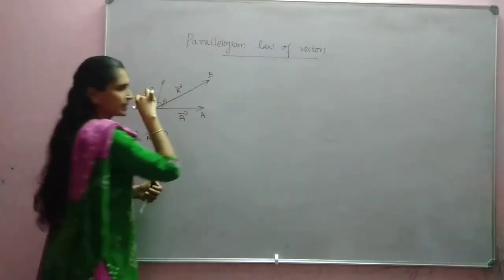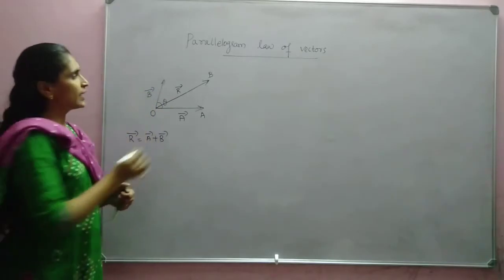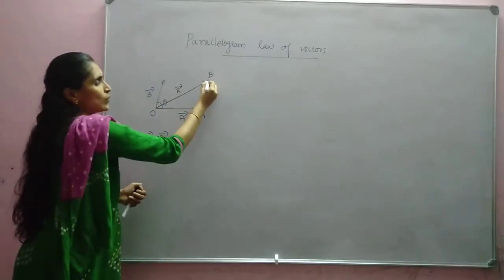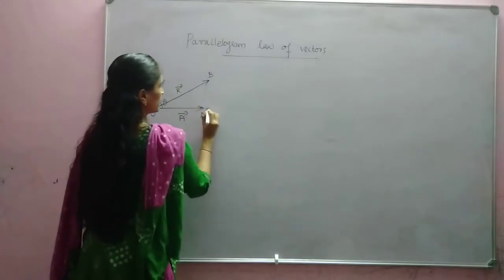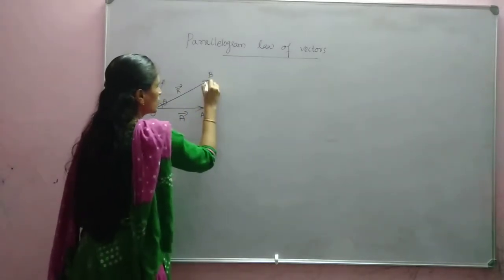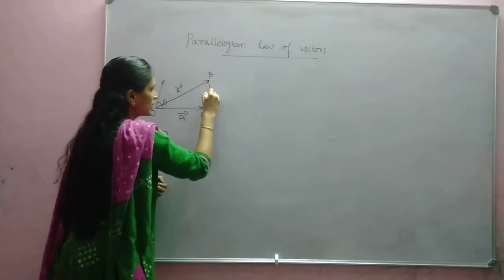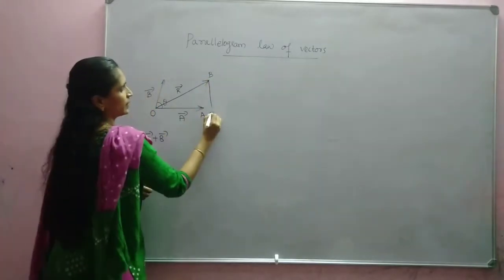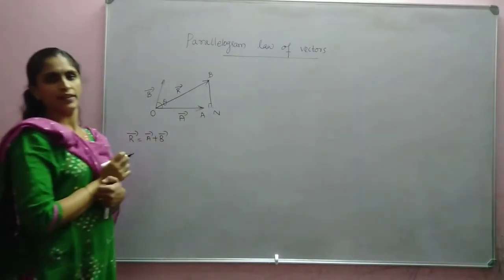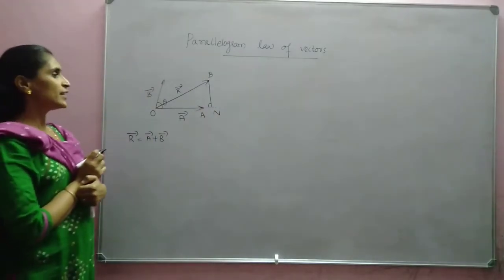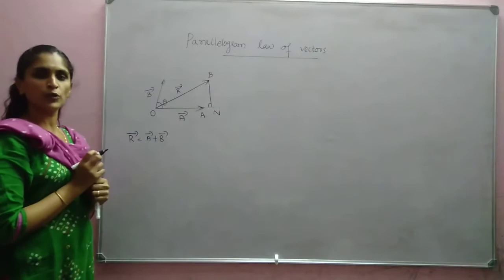To find the length R, we can extend this line and draw a perpendicular from B to OA. Normal we are drawing; this angle is 90 degrees. Now very easily you can find this OB. How to find OB?